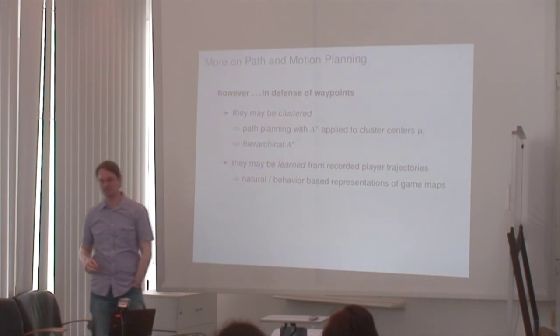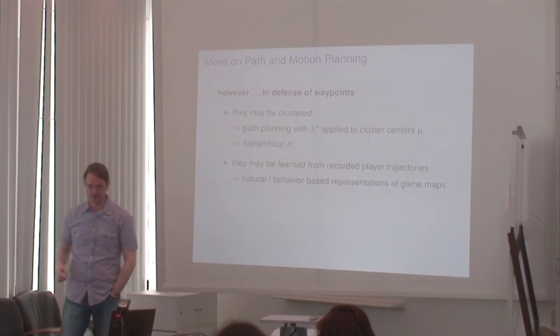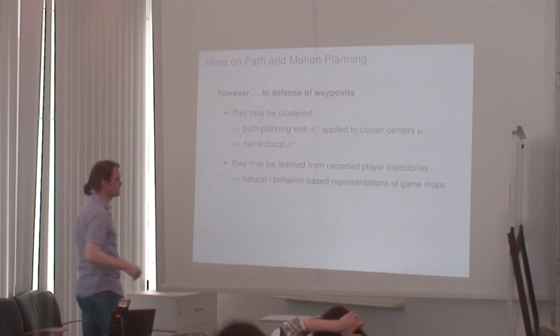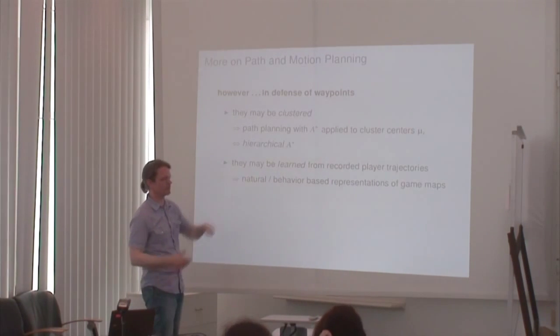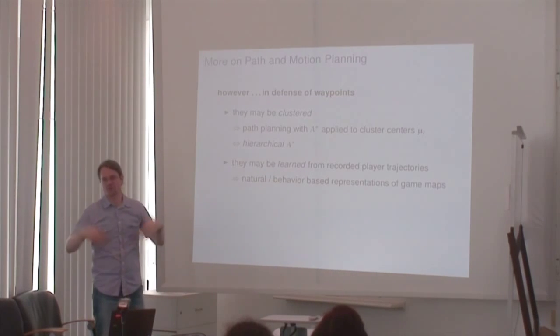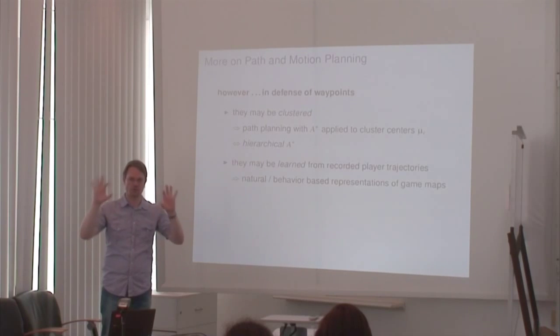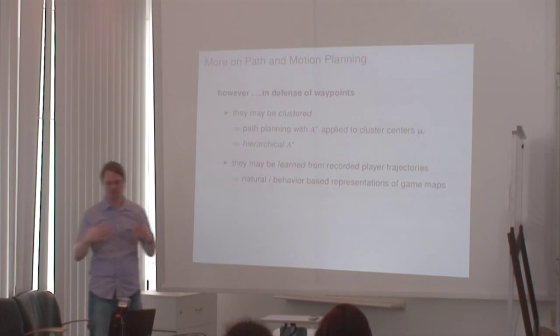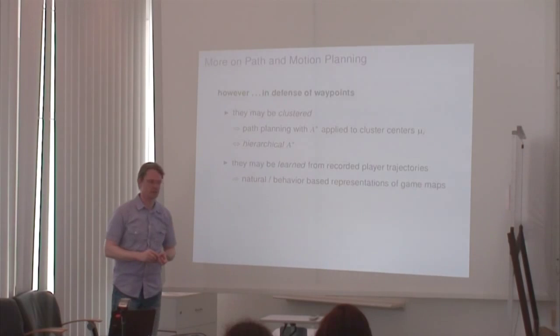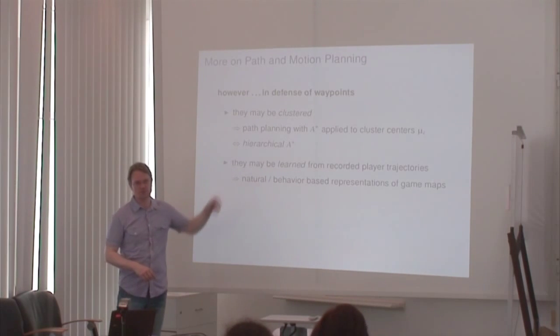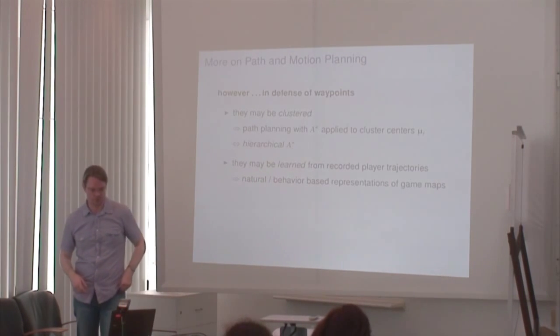And that has the tremendous benefit that the representation of the map we come up with by learning them from recorded data is very close to what people would do on that map anyway. And if our goal was to create believable game characters that behave as people do, then this is a way of how to approach that problem.